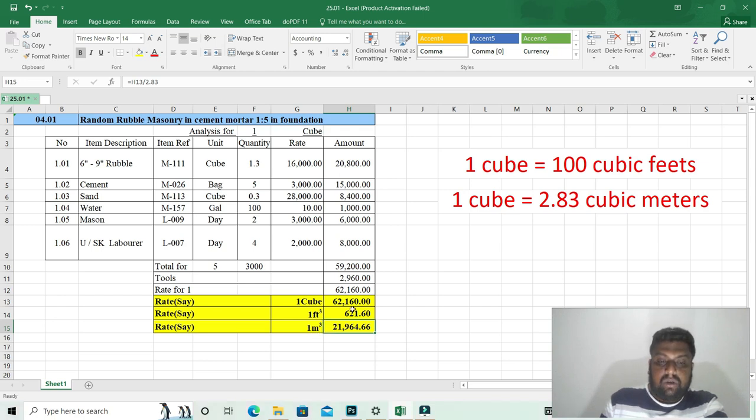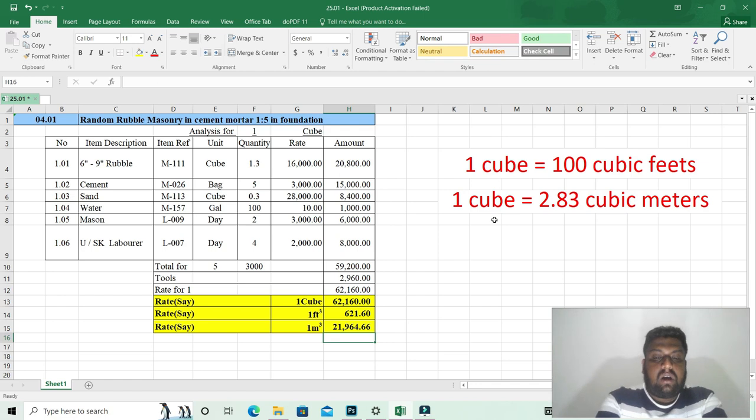We divide 62,160 by 2.83. It will give you the cost of 1 cubic meter.